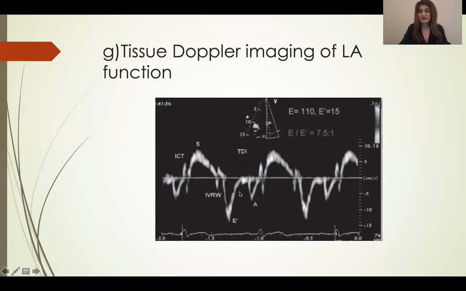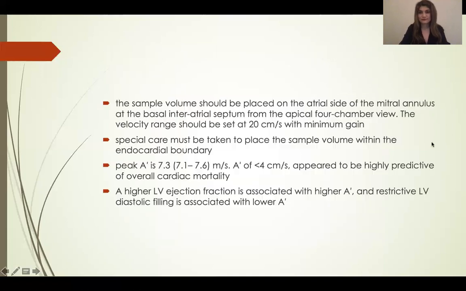In restrictive filling, A prime velocity decreases, and a peak A prime velocity smaller than 4 appears to be highly predictive of cardiac mortality.